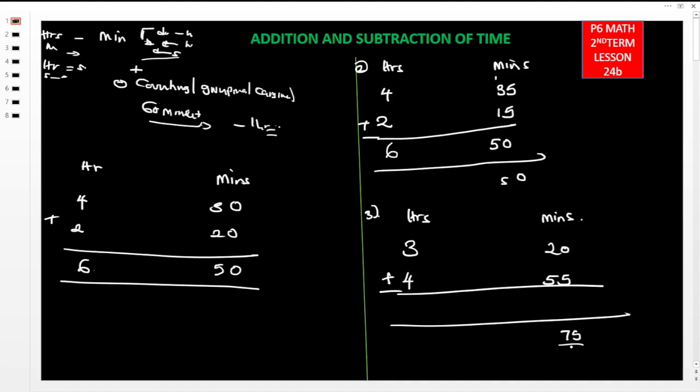Because it has exceeded the grouping of 60. So we need to know how many 60s are in 75. There is 1 sixty, remainder 15. So we write the remainder here. We take the 1 to the side, because for every 60 minutes we make, an hour is made automatically. So 3 plus 1 is 4, plus 4, and that is 8.